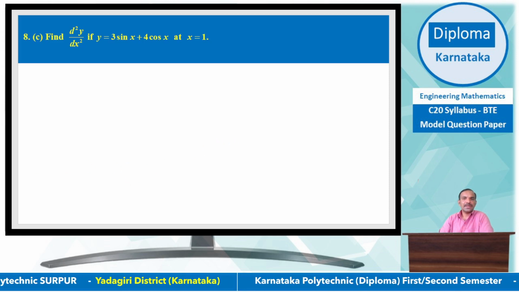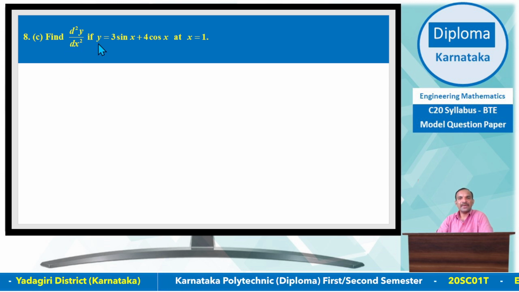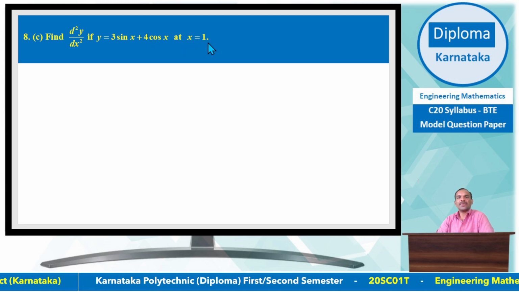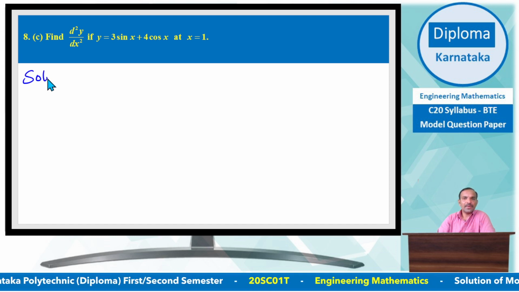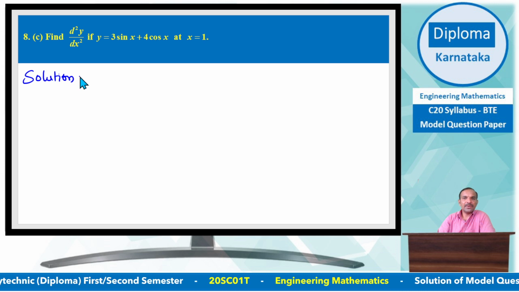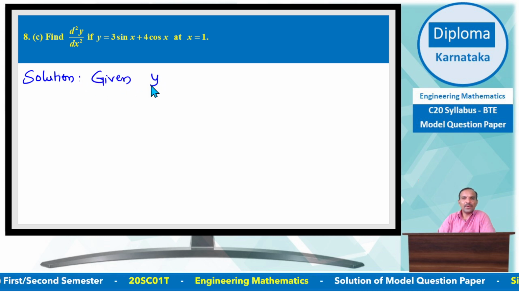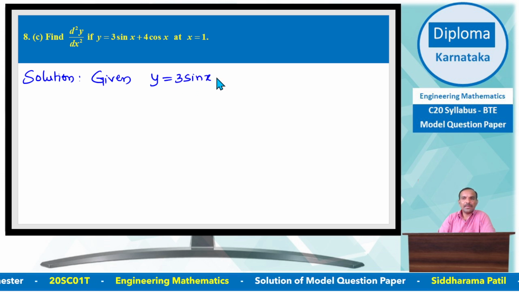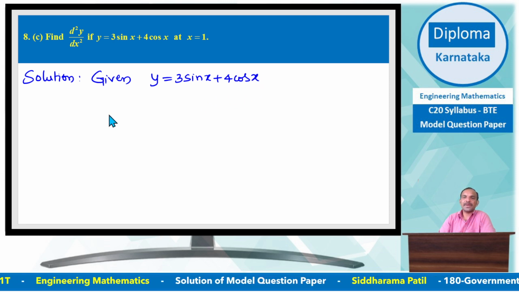Next, 8c. Find d square y by dx square if y equal to 3 sin x plus 4 cos x at x equal to 1, which means you have to find it at a particular point. Solution, first write down the given: y equal to 3 sin x plus 4 cos x.